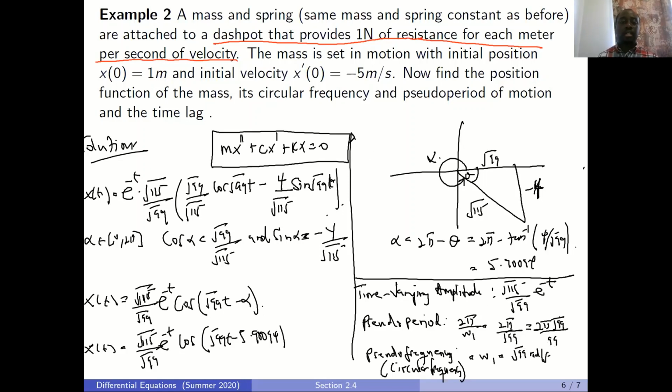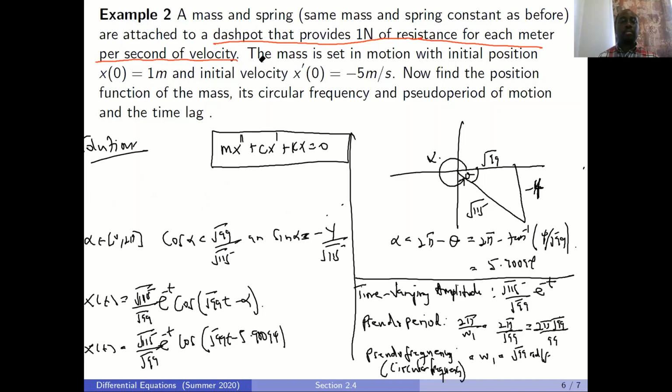And then our time lag, I can also write that down. Our time lag is alpha over omega 1. So this is 5.90094 over the square root of 99, which is approximately 0.59431 seconds.